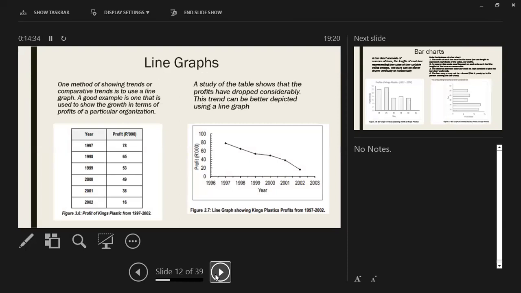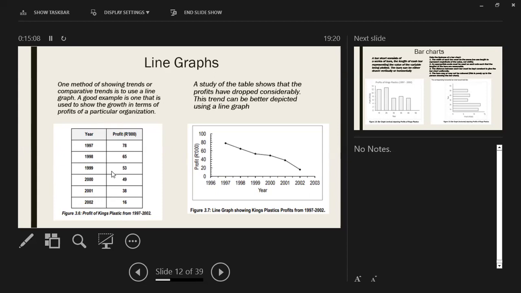So let's look at line graphs. This is an example. We've got a company that has been operating for these years, and these are the respective profits. Now, if someone says, tell us whether the company had profits or losses from 1997 to 2002, when you're looking at the table, you can't easily tell whether there have been losses or an increase in profit.